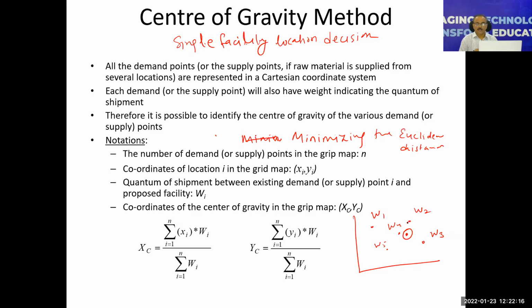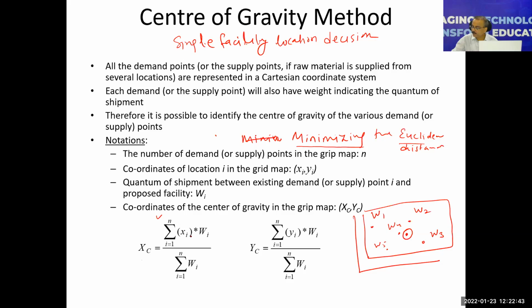The coordinates of this new facility we can locate on this entire grid, and these coordinates are estimated based on this model, which is based on the criterion of minimizing the Euclidean distance involved across the different demand centers.